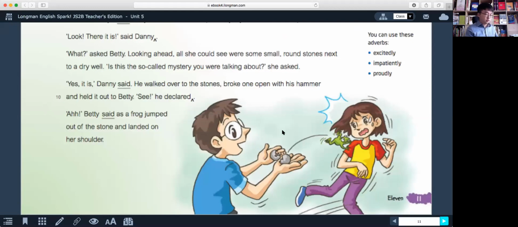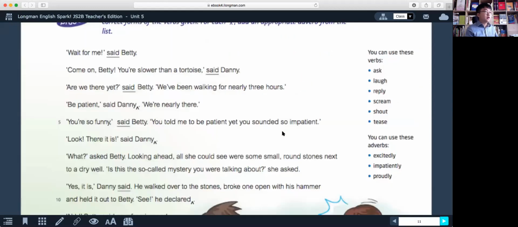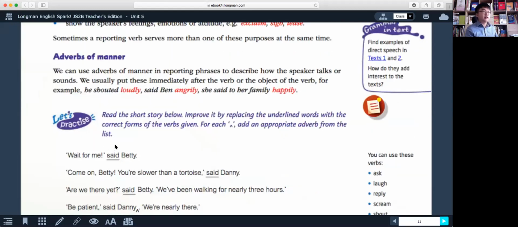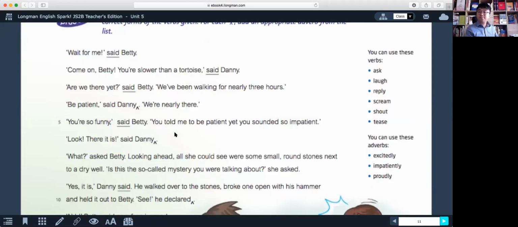And also, here, this one, let's practice. Read the short story here, and you have to improve it by replacing the underlined words with the correct forms of the verbs given. So when we have the school again, we English teachers will check the answers with you. So make sure you do it. All right.